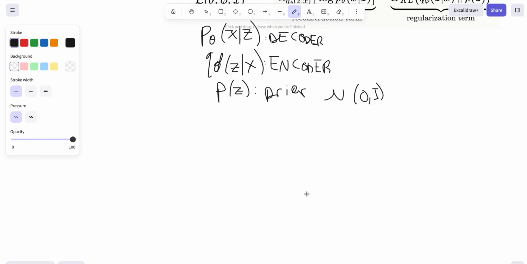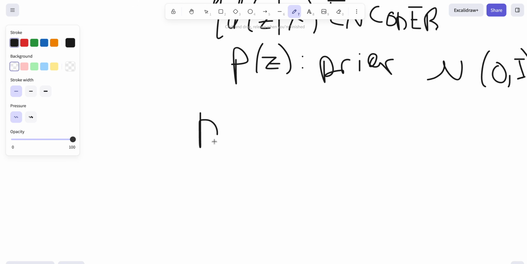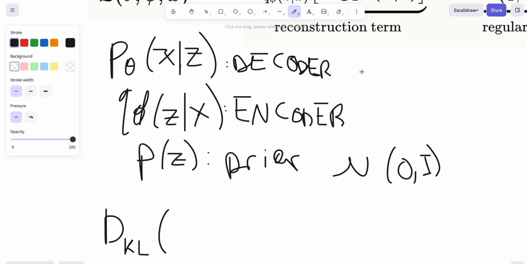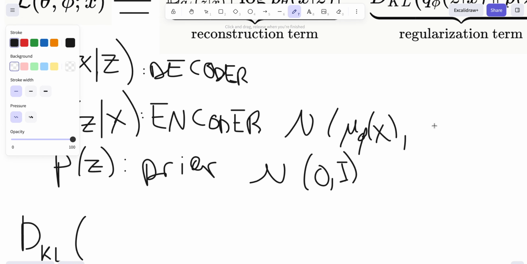So we're going to focus specifically on the Kullback divergence, DKL, and we'll note that both the encoder and the prior here are normal distributions with some mean, mu of phi of x, and some variance function, sigma of phi squared of x, times the identity.